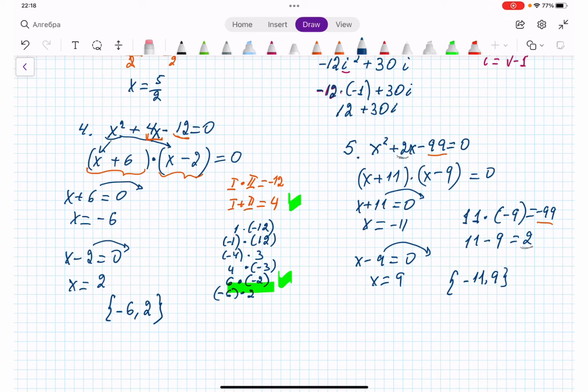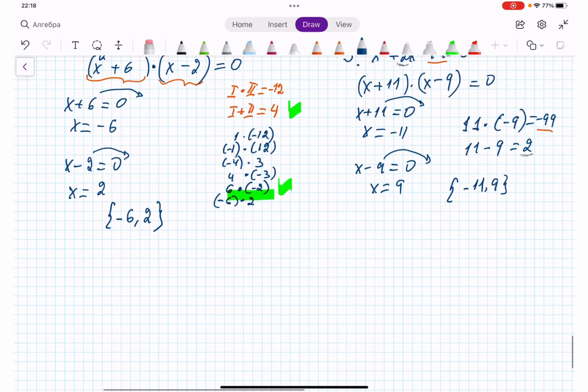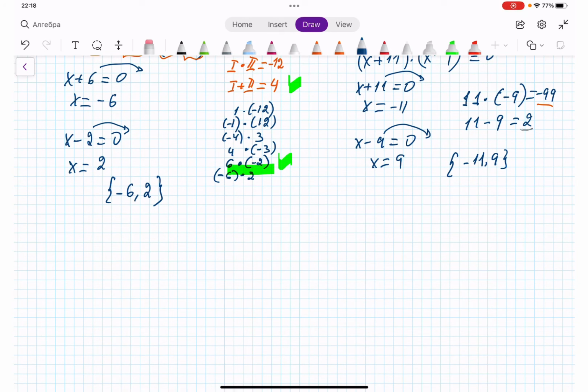Moving to question 6. We need to solve an absolute value equation, and we have the absolute value of x minus 5 equal to 4.